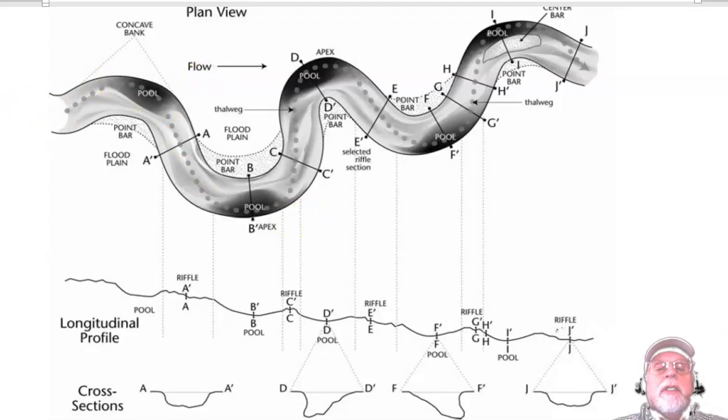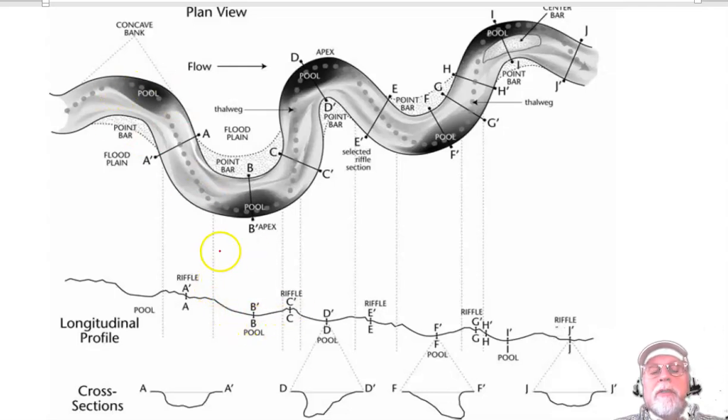It meanders around, and as it makes this turn, it digs out a pool there. Then it drops down. If we're looking at the cross section of the stream, the water goes downhill. So overall, we're going downhill, but it's going along stones here. Then it drops. It turns the corner. There's a pool there. Goes another riffle along stones. Turns another corner. There's a pool there.